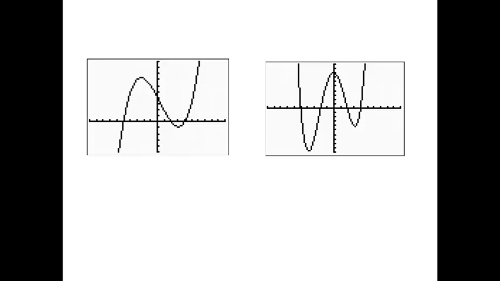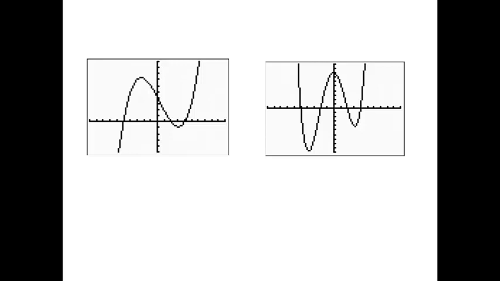Before I show you the calculator, I have 2 pictures of polynomial functions on this screen, and I want us just to be thinking about what we would know about the polynomial function just based on the graph. And so the first polynomial function is down at the left, and it goes up to a point, comes back down, and then up.